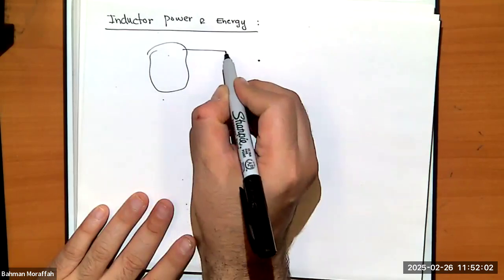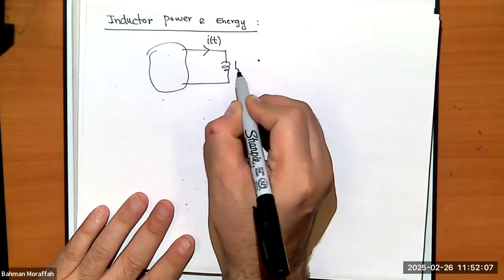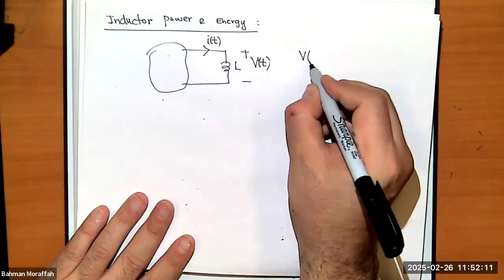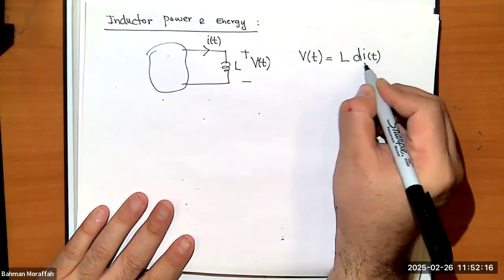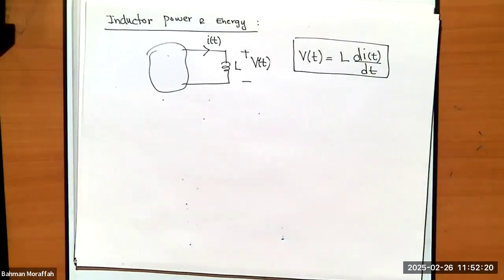Remember, if I have a circuit that's connected to an inductor, if current through it is i(t), value is L, voltage across it is v(t), I know the relationship between v and i is v equals L di/dt. We know this, right?